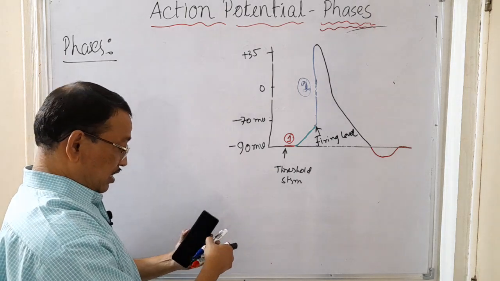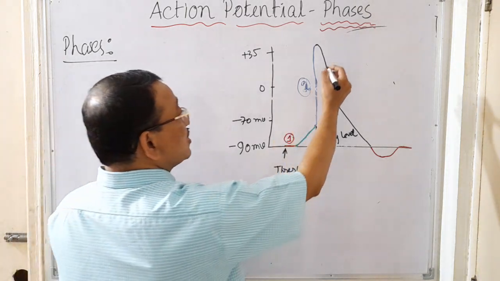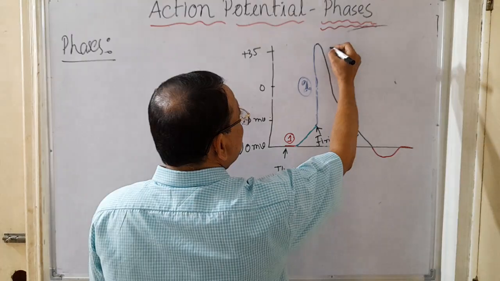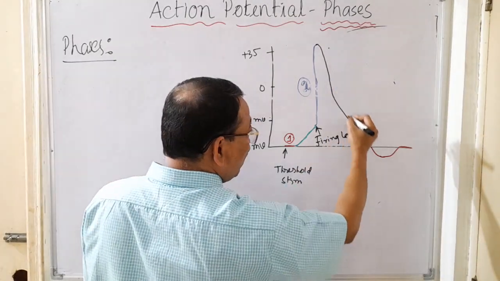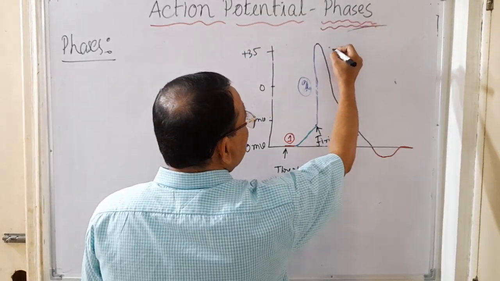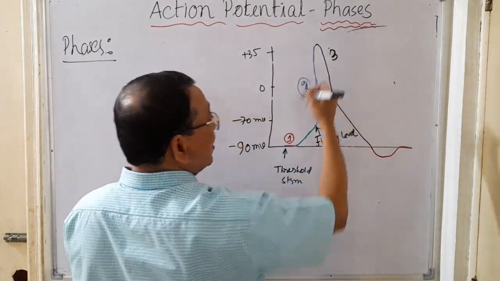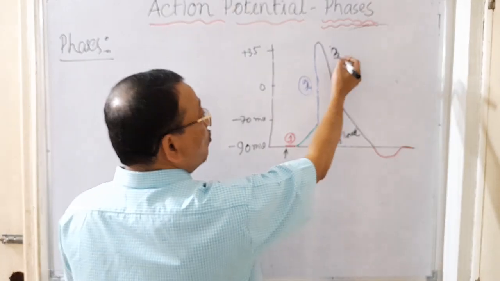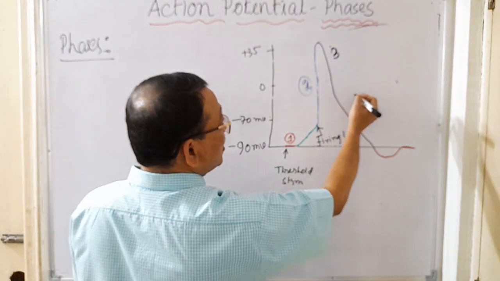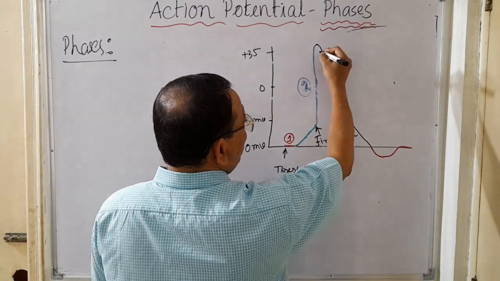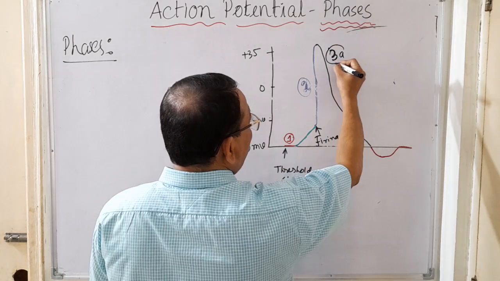And this is the phase which is known as the downward deflection of the curve. This is the third phase, which comprises two subphases. The first one is very rapid, that is 3A.